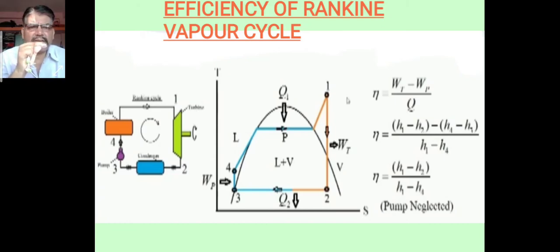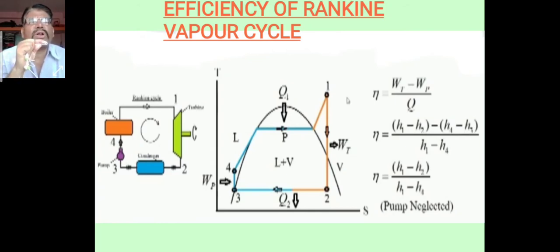If we represent it on the TS diagram, between 1 to 2 there is the turbine, as I told you, 1 to 2, 2 to 3, 3 to 4 and 4 to 1. In 1 to 2 isentropic operation happens. Between 2 to 3 there is the condenser and then there is the boiler.